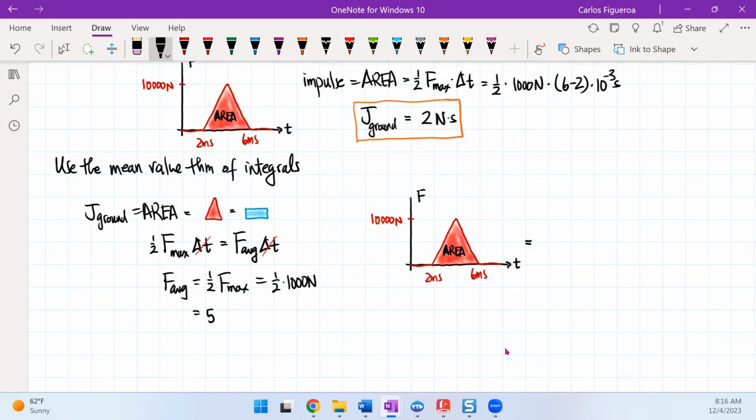Not 1,000, how did I get 1,000? No, it's going to be 500 newtons. And that's going to be the average force right here.